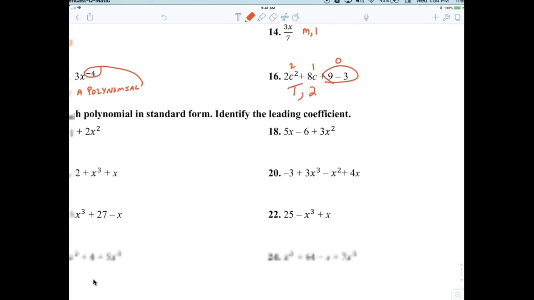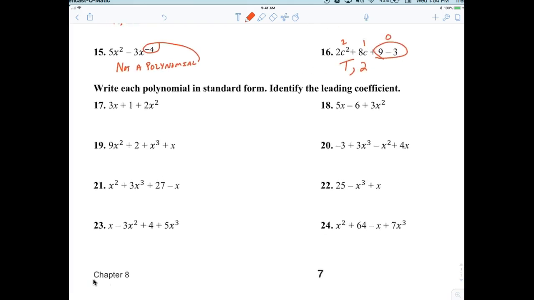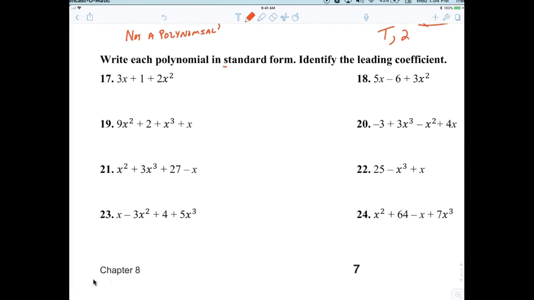Okay, here we go. So now look up here, please. Now there's this thing called standard form, which you probably already know. Standard form is just simply writing the polynomial in the correct order. And the order goes from the largest exponent to the smallest exponent, or from the largest degree to the smallest degree.